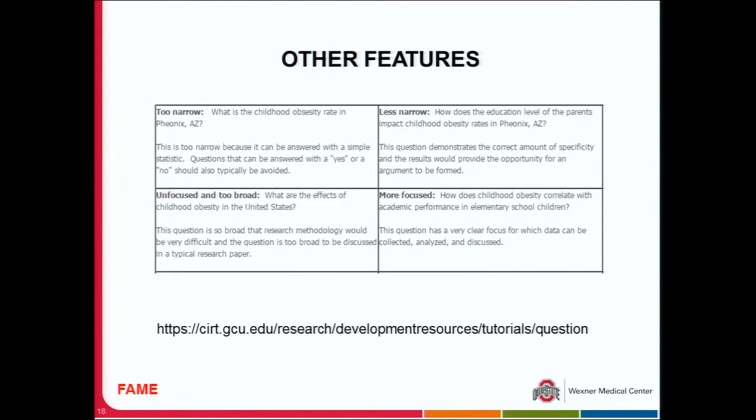How are you ever going to answer that? It's just entirely too broad and not something that is really answerable. But if you do something more focused, like how does childhood obesity correlate with academic performance in elementary school, now you have a very clear focus that can be used to collect appropriate data and build a research question.